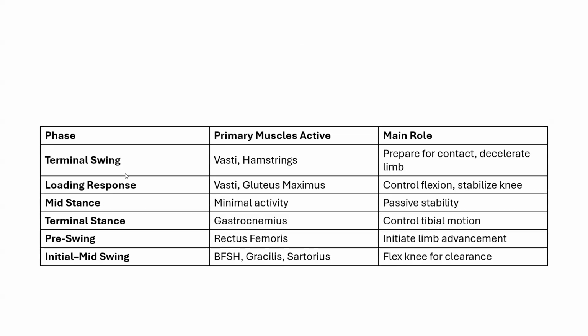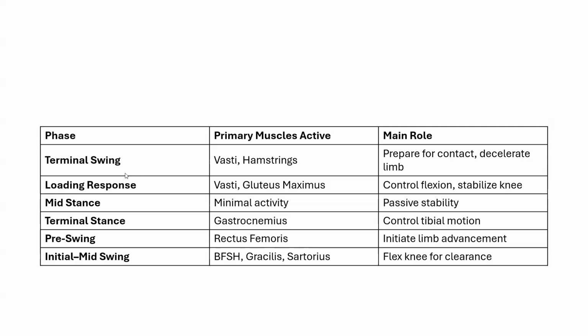There are different muscles which are activated in different phases of gait, and they have different roles in each of the phases. We will be discussing these again in a later set, but just a short overview. In terminal swing, the vasti and the hamstrings are active. They decelerate the swing and prepare for initial contact. In loading response, the vasti and the gluteus maximus are activated.